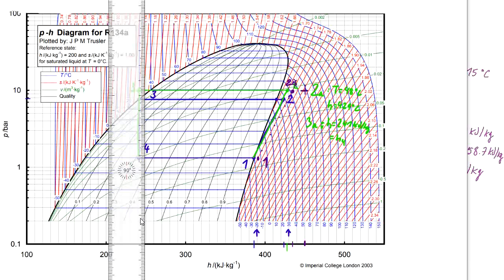So it would be over here, point 2. So the compression in the pressure enthalpy diagram will look like this. Now we can see what is the temperature after the compression. So it's right above 70 degrees, about 68.